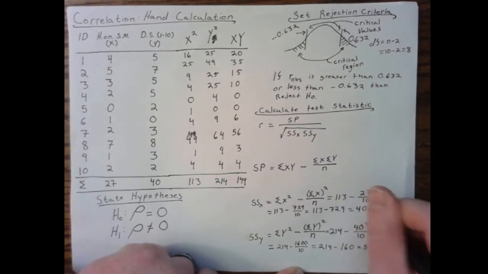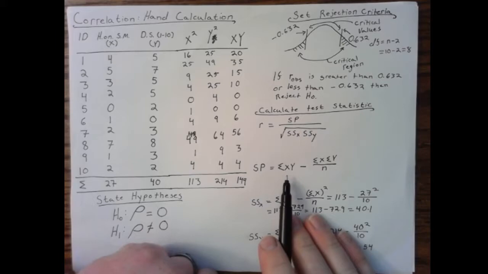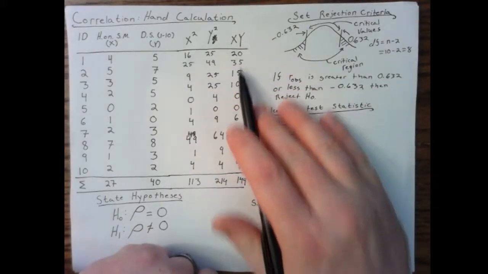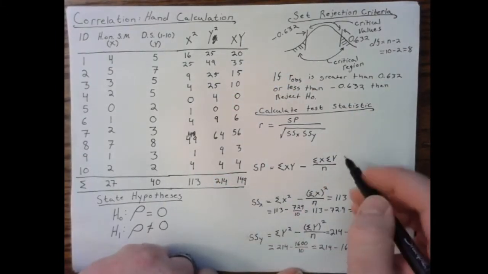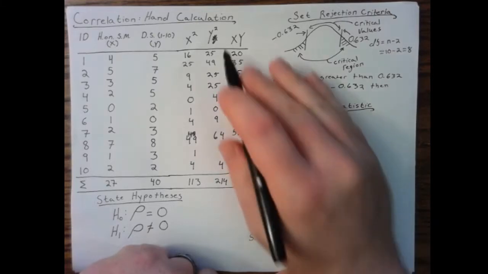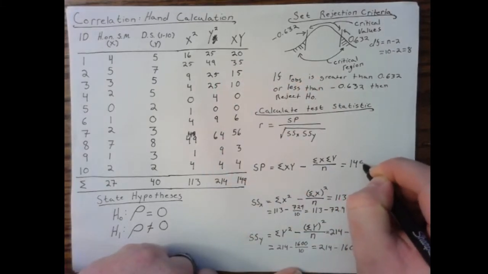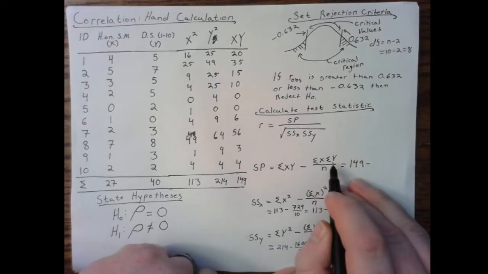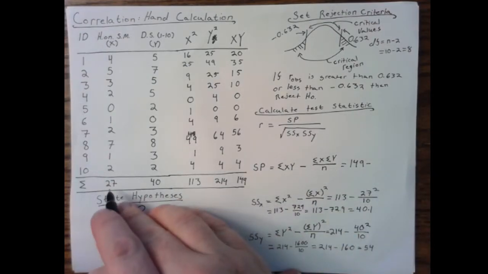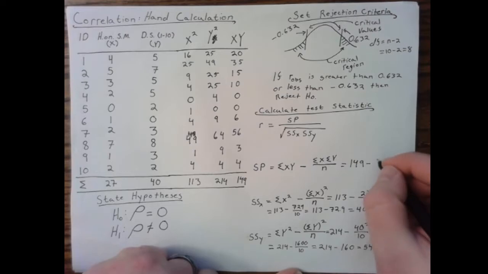Now we're up to the sum of products. So the first score we need is sigma xy, 149, minus sigma x times sigma y, which would be 27 times 40, divided by the number of scores I have, which would be 10.